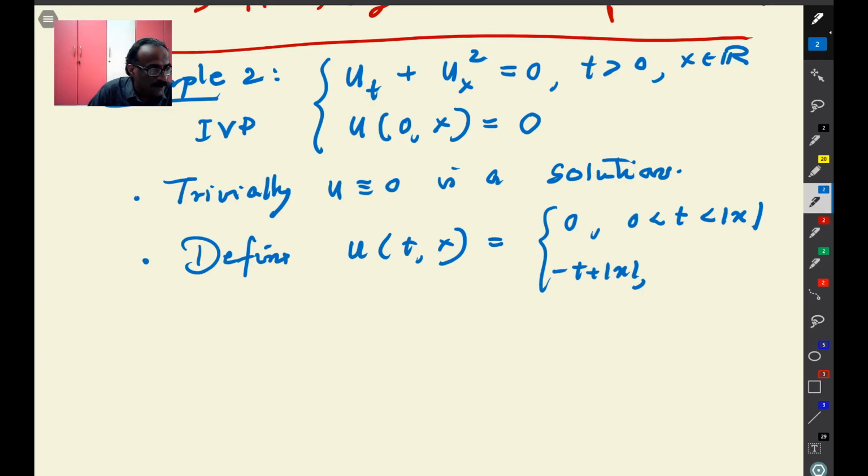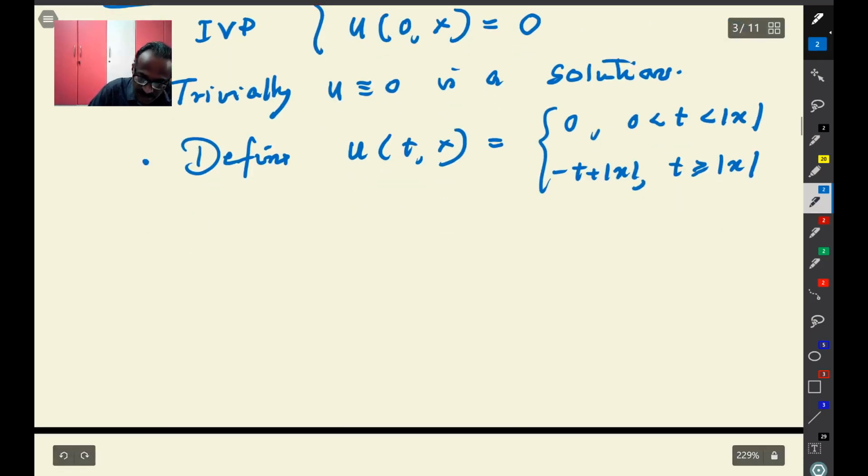This is for t less than modulus x, and the other way, t greater than or equal to modulus x. You can immediately see that for 0 less than t less than modulus x you have this solution. We can even define it at t equal to 0, where u0 of x is always less than or equal to modulus x, equal to 0, satisfied.